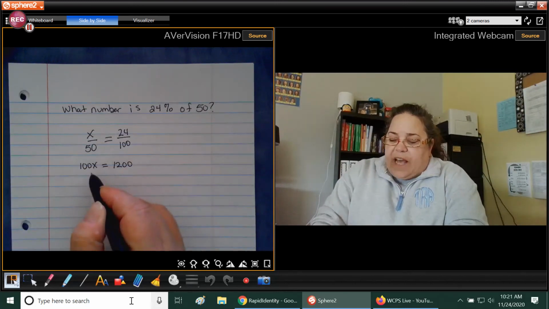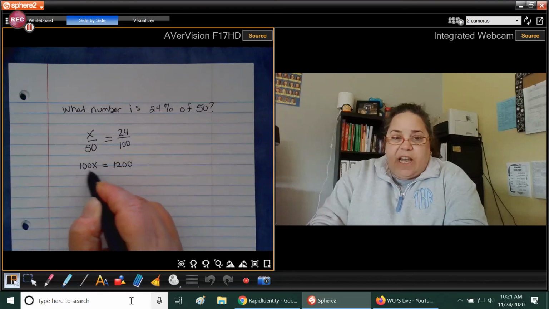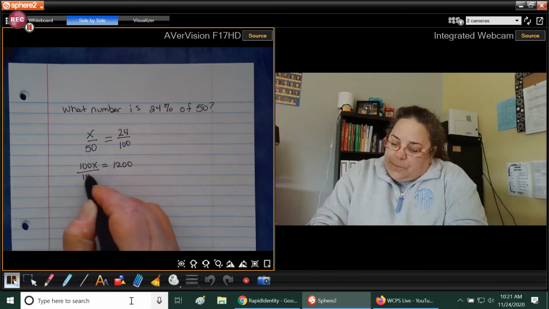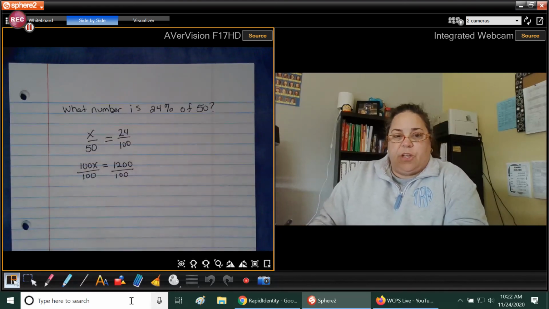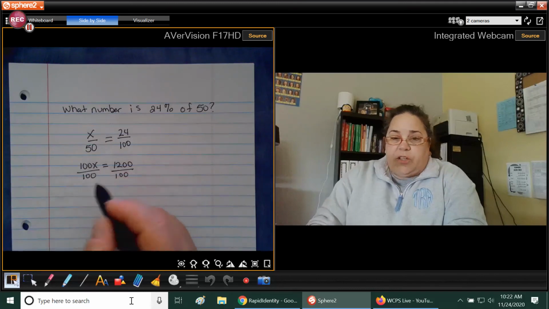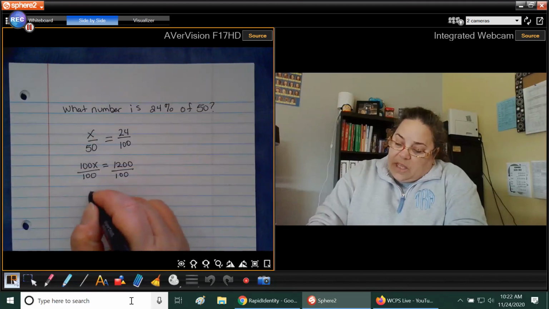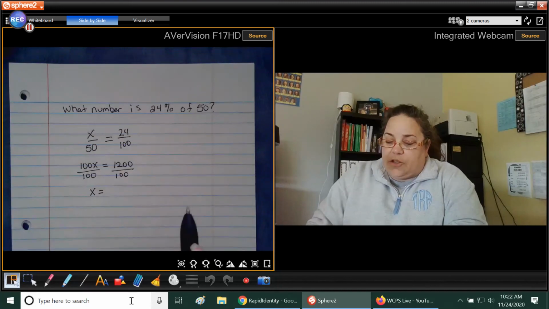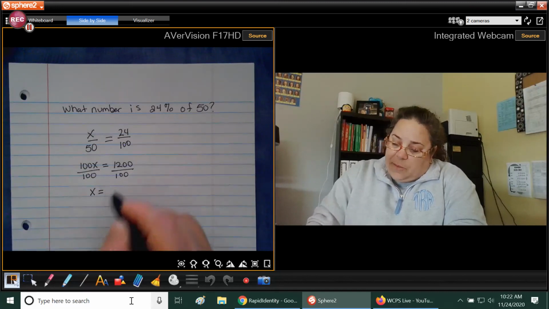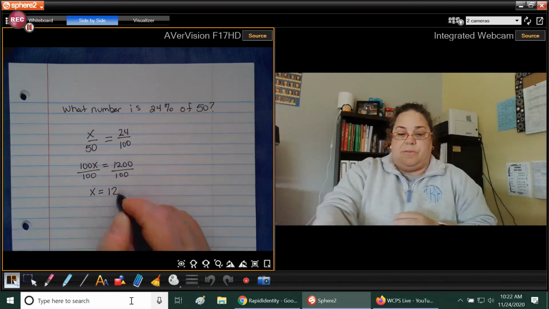In order to do that, this is multiplication. X is 100 times x. So I'm going to divide. That's the opposite operation, it's the inverse. So if I divide 100x by 100, what I'm left with is x. If I divide 1200 by 100, what I'm left with is 12.